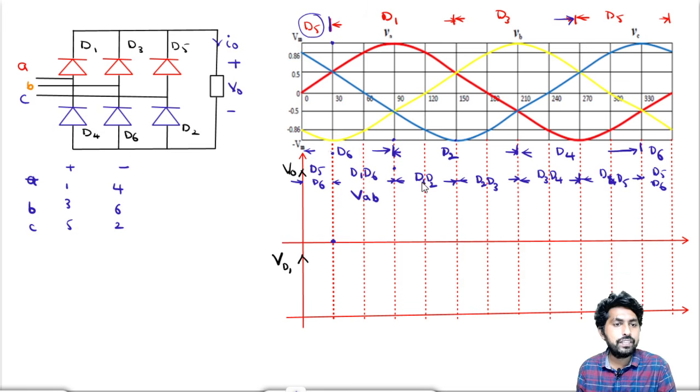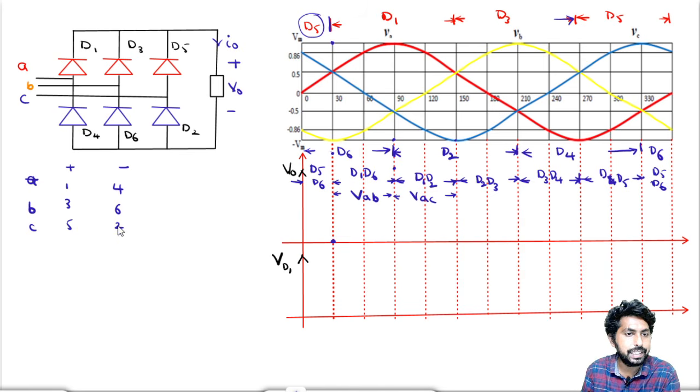Next, when D1 and D2 conduct, it will be VAC. D2 and D3 gives VBC, since B is positive and C is negative.